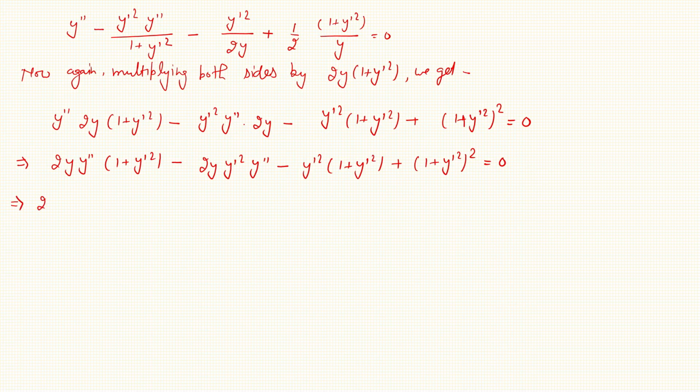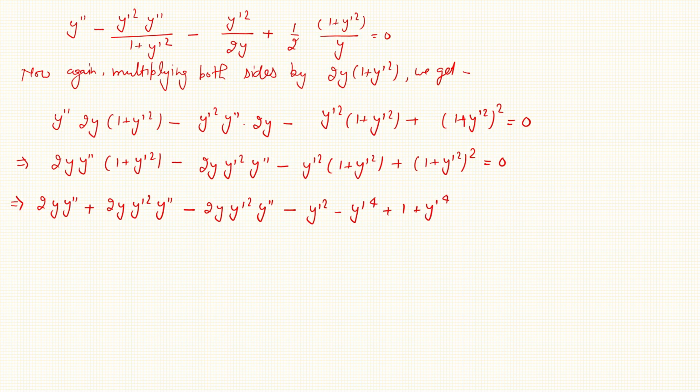This will be 2y y double prime plus 2y y prime square y double prime minus 2y y prime square y double prime minus y prime square minus y prime to the power 4 plus 1 plus y prime to the power 4 plus 2y prime square is equal to 0.